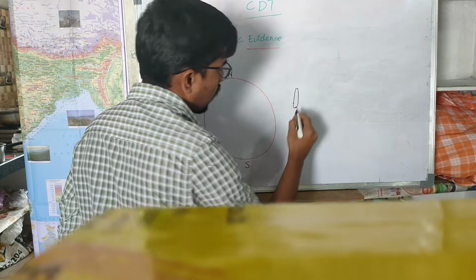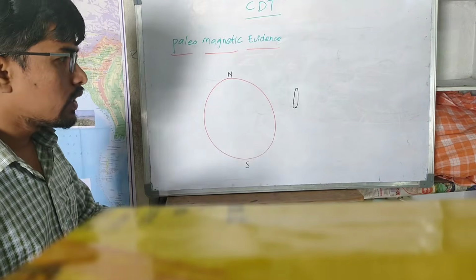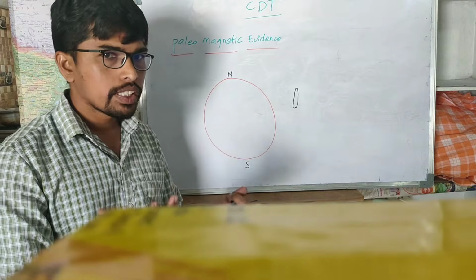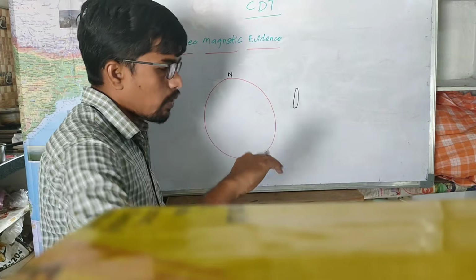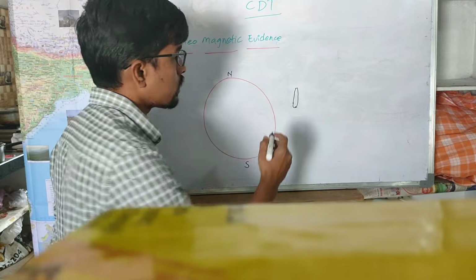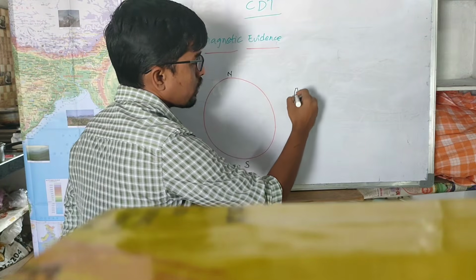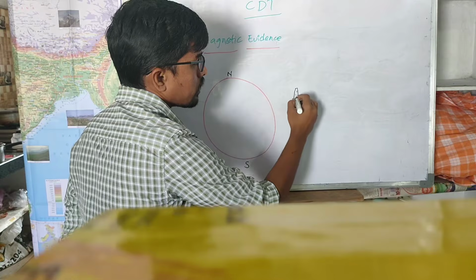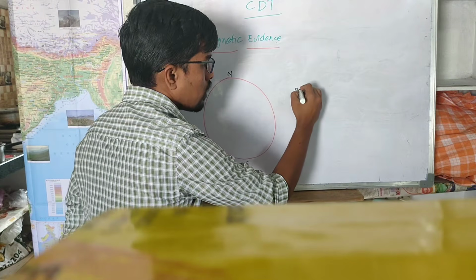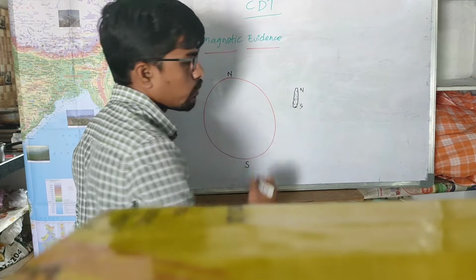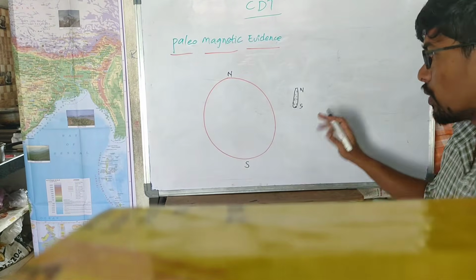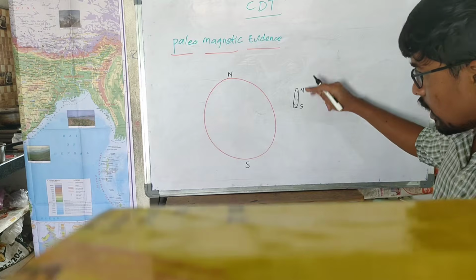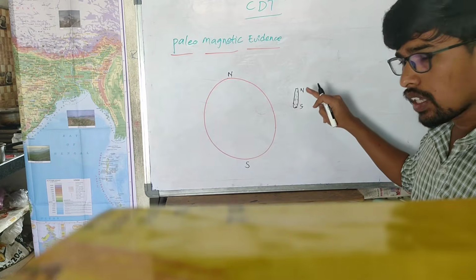When lava comes out of a volcano, or when magma comes up and rocks are forming, the rocks have some metallic minerals. They also have a north pole and a south pole, because they are minerals with magnetic properties. Generally, the north pole attracts the south pole and the south pole attracts the north pole.